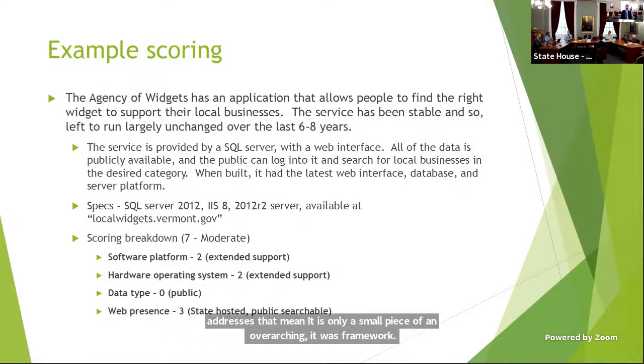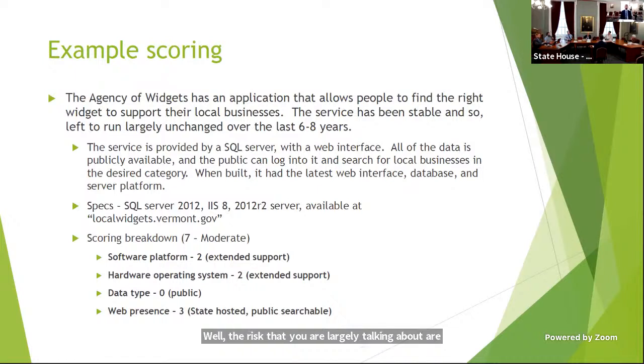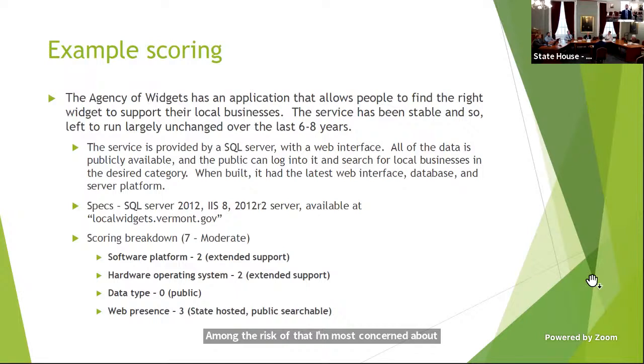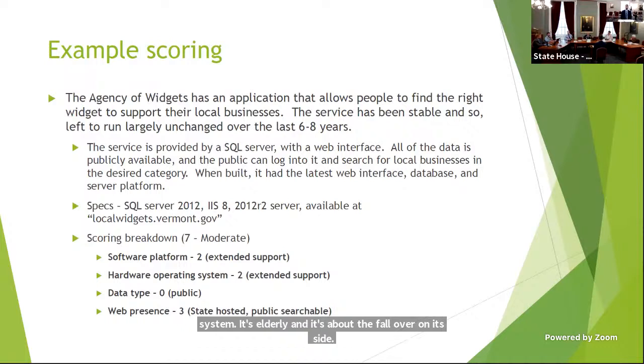Well, the risks that you are largely talking about are the risks for intrusion, the risk associated with ill will directed towards a system. Among the risks, though, that I'm most concerned about are the risks that we saw, for example, in the Department of Labor system. It's elderly and it's about to fall over on its side. How do you assess that kind of risk?